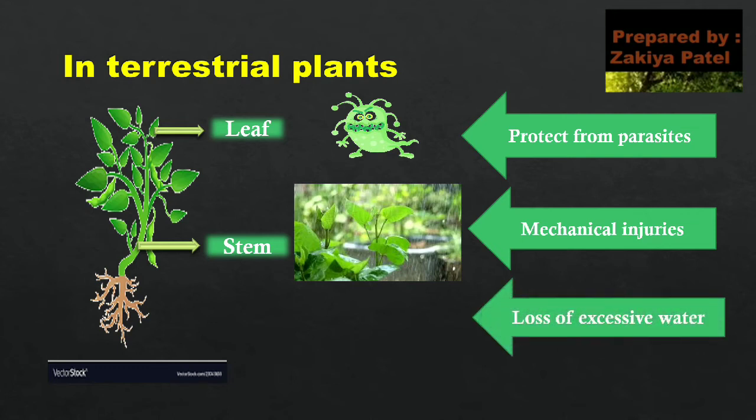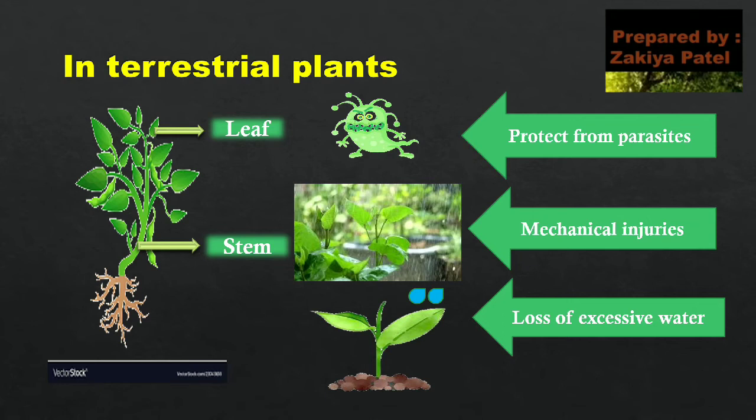And next, they also help the plant against loss of excessive water in high temperature. During high temperature, when due to transpiration more water is evaporated into the atmosphere, this waxy secretion does not allow the loss of excessive amounts of water into the atmosphere.